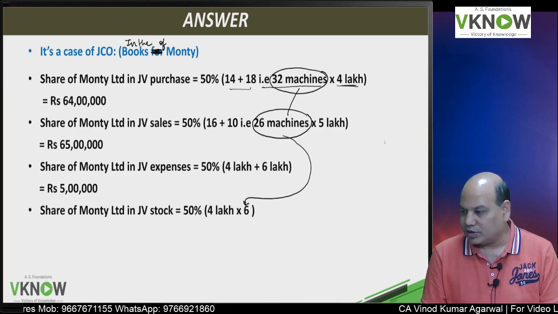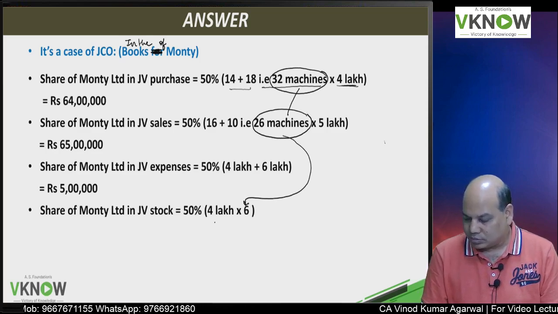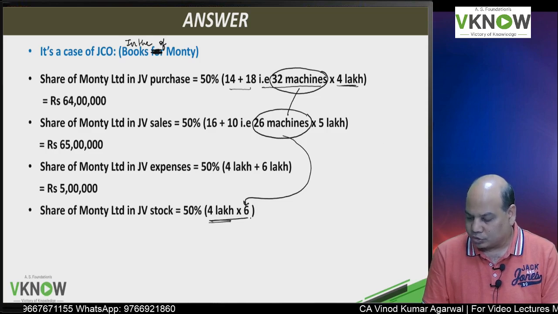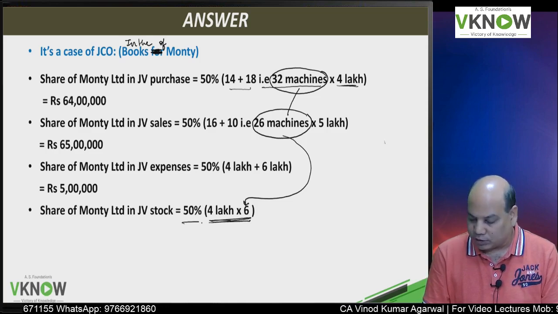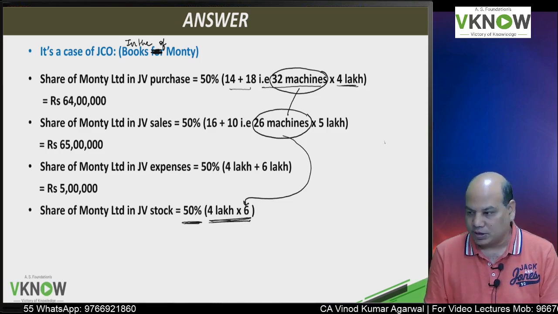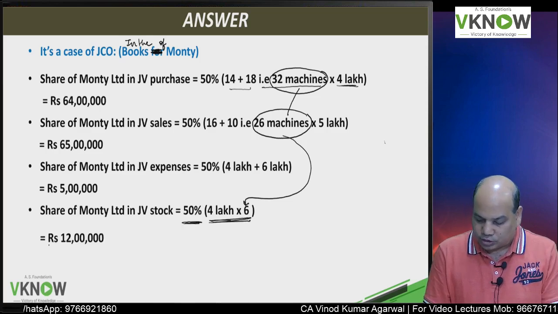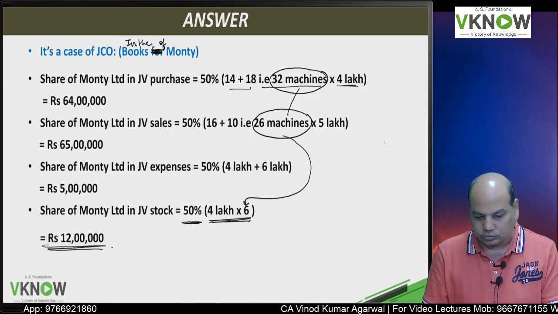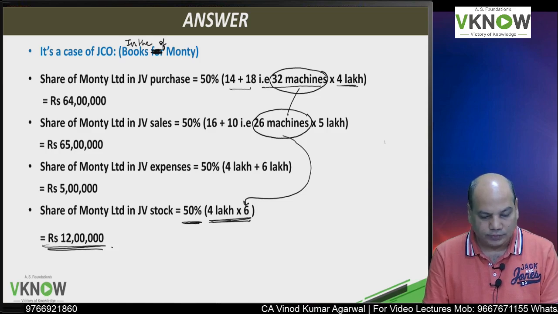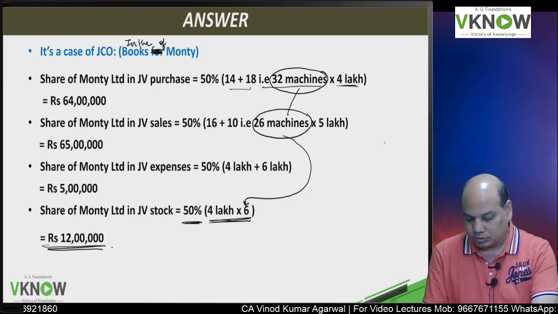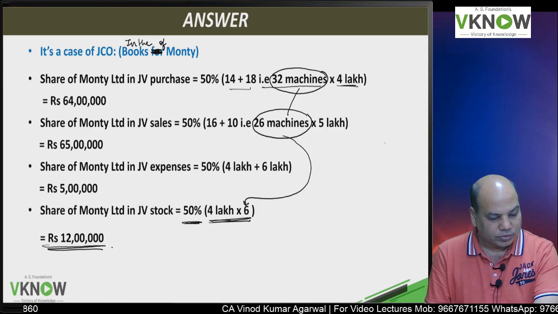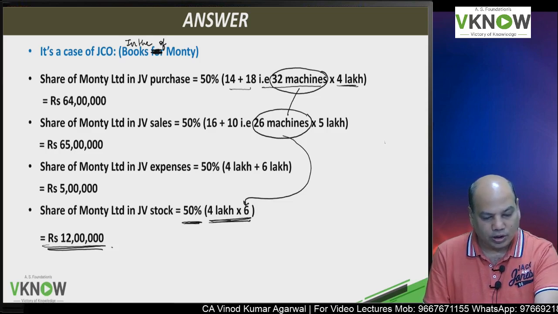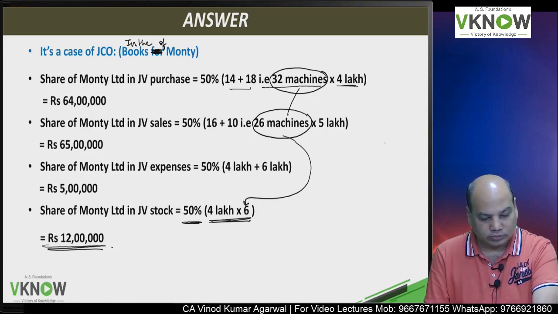So we are left with 6 machines whose cost is 4 lakh. Total value 24 lakh. Monty's share 50%. So Monty would record in its book closing stock of 12 lakh. Is it right?